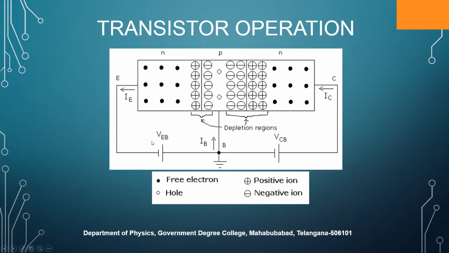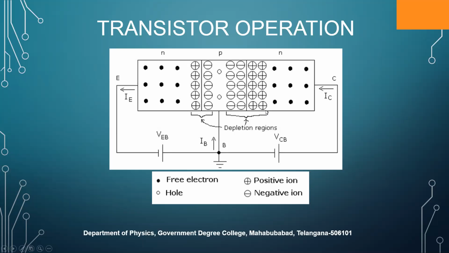The emitter is an N-type semiconductor. We are connecting the negative of the battery to N-type and the positive of the battery to P-type. So this junction will be forward biased. In this case, we are connecting the positive of the battery to the N-type semiconductor and the negative of the battery to the P-type semiconductor. That's why this junction will be reverse biased.